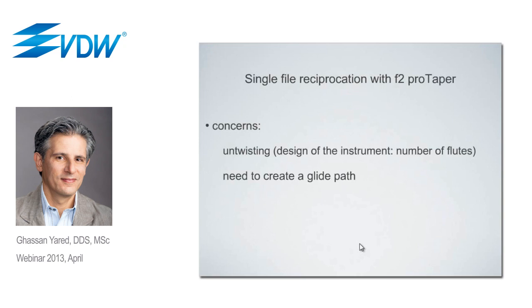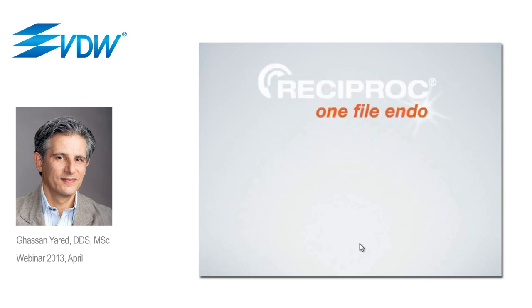Once we are able to put a number 15 hand file at length in a curved or calcified canal, everything becomes easy. So with the F2 ProTaper, I still had to create a glide path. And also with the ProTaper, because of the design of the instrument, I frequently had untwisting of the flutes. So I wanted to have an instrument that was better than the F2 ProTaper.